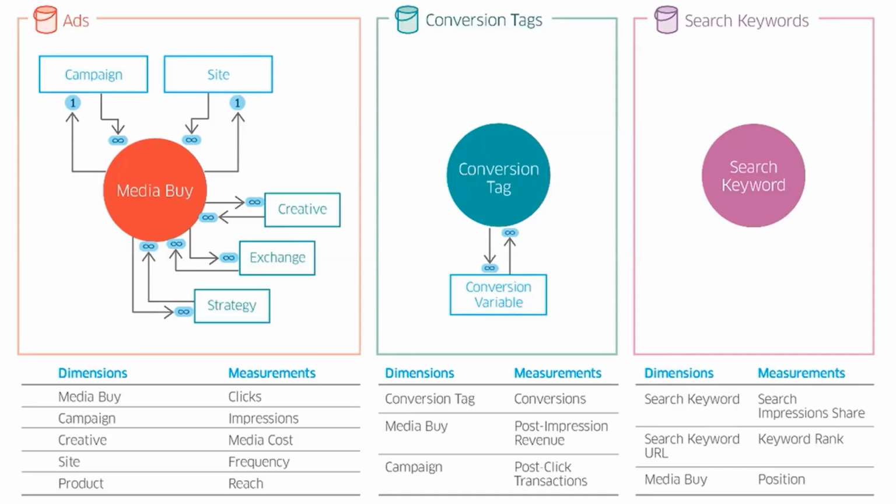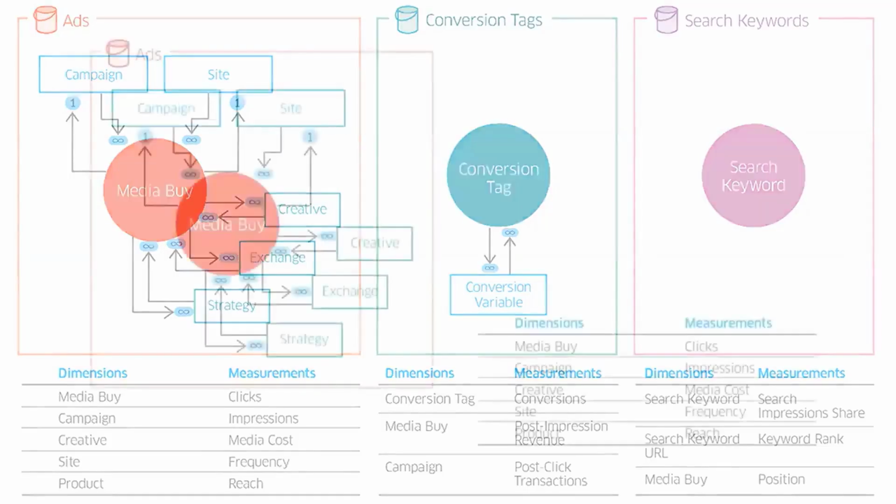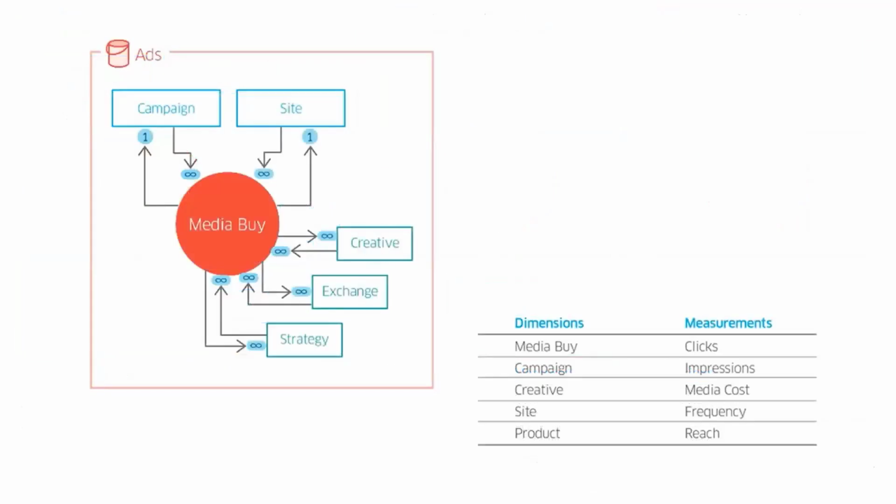Now, why is media buy considered the most important factor, or the main entity, for an ads data set, and not campaign or site? Why is it considered the most granular part of the data? Let's verify that.